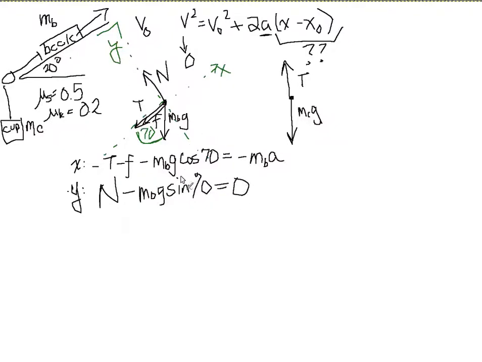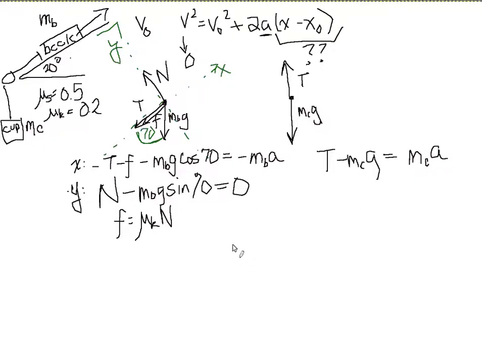Friction is moving, so friction equals mu sub k times the normal force. Over here on the cup, we just have tension minus m sub cg equals m sub c a, positive, because the cup is going to go up.